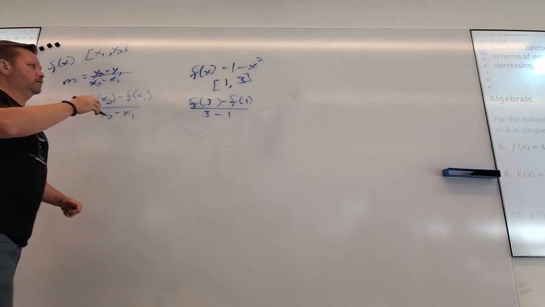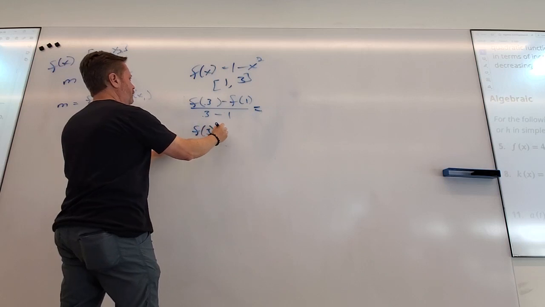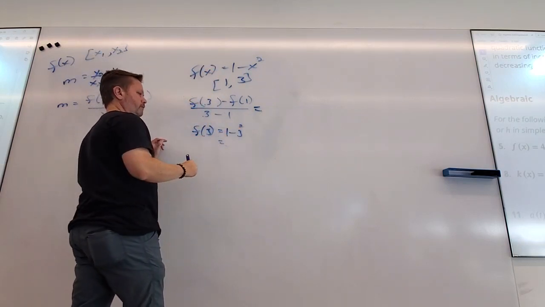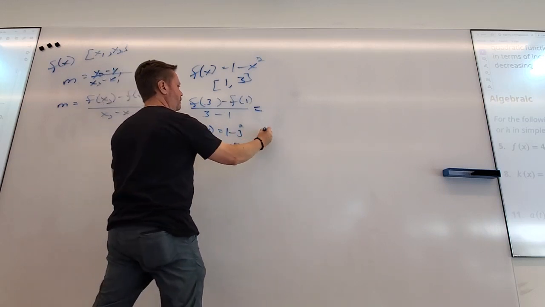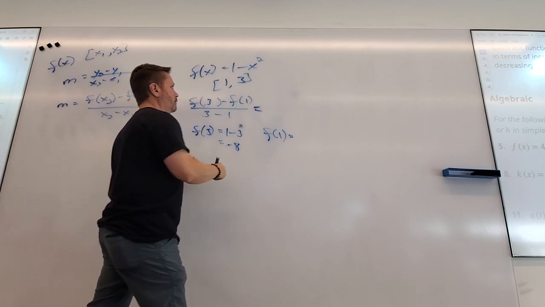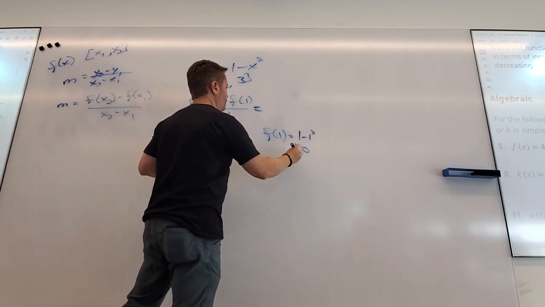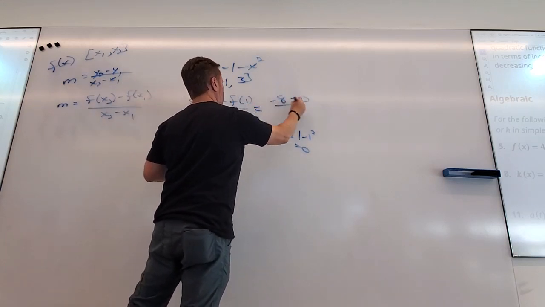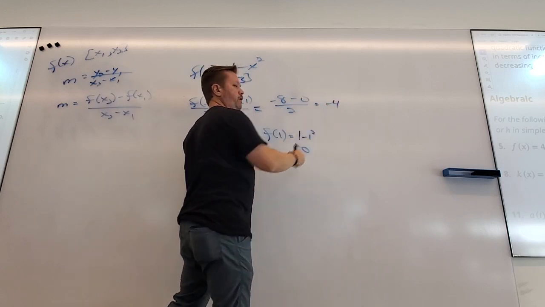Yeah, what is f of 3? 1 minus 3 squared, 1 minus 9, negative 8. And what about f of 1? 1 minus 1 squared, 0. So f of 3 is negative 8, f of 1 is 0, over 2, and I get negative 4.